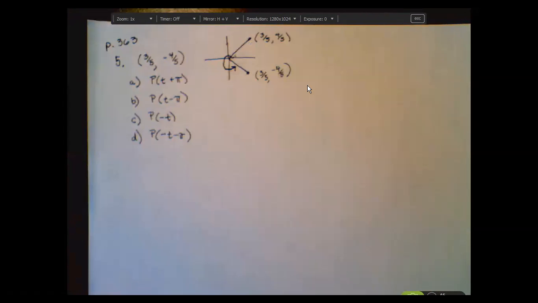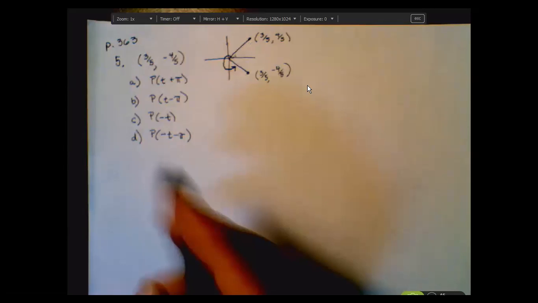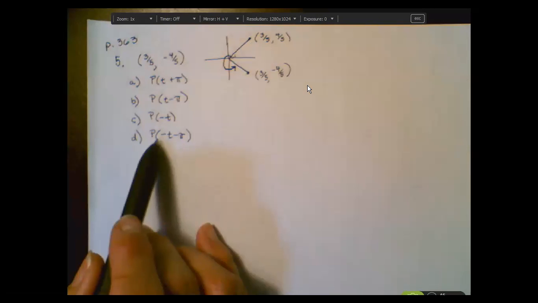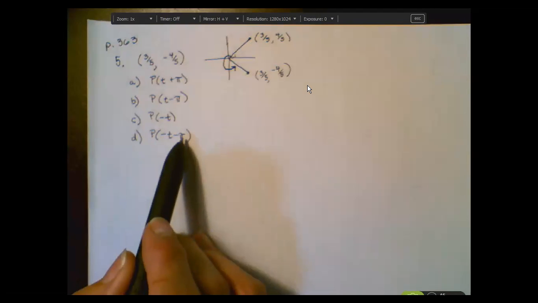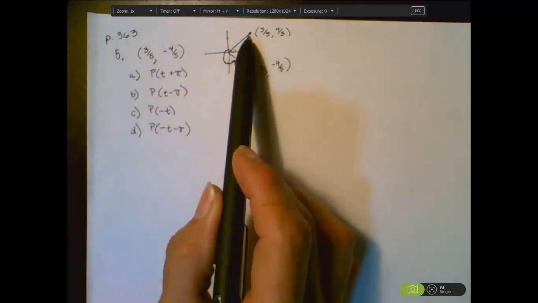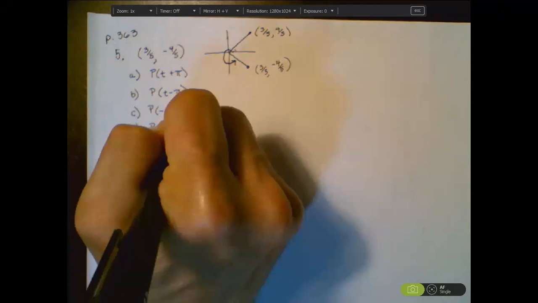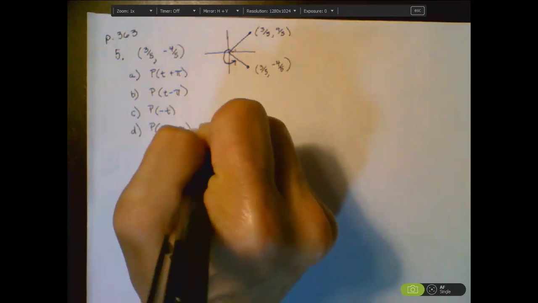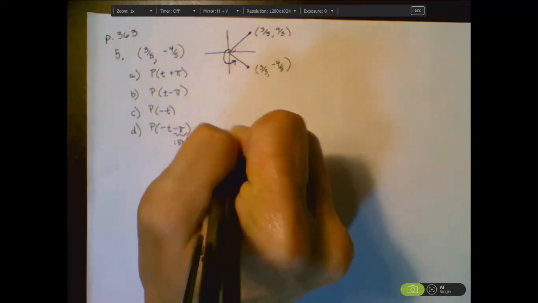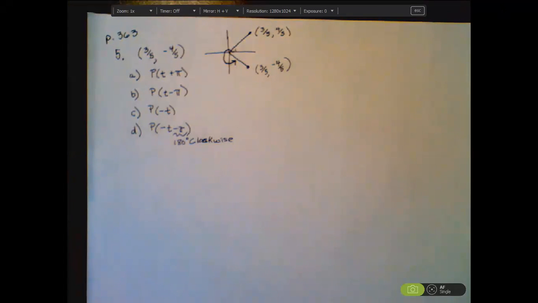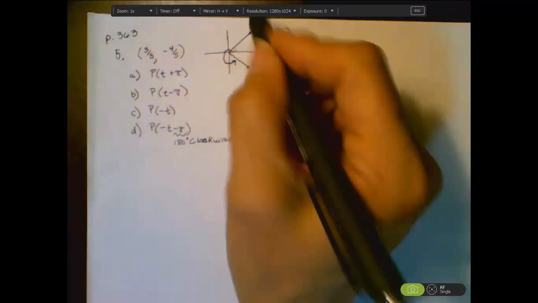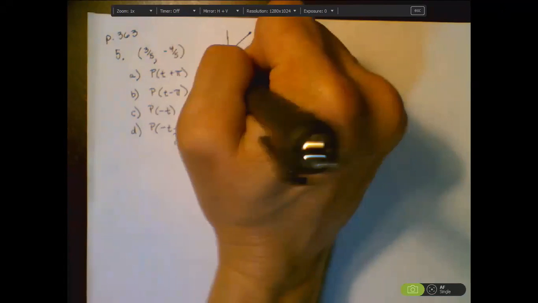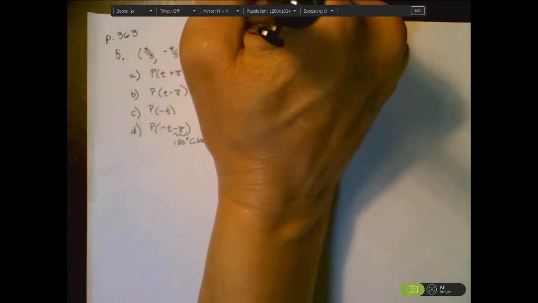Yes. Okay. And in the D part, start here and then count 180 degrees clockwise from there. What quadrant would you end up in? This is P of t. This is P of negative t.